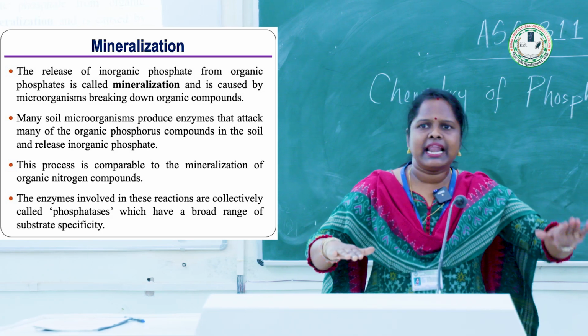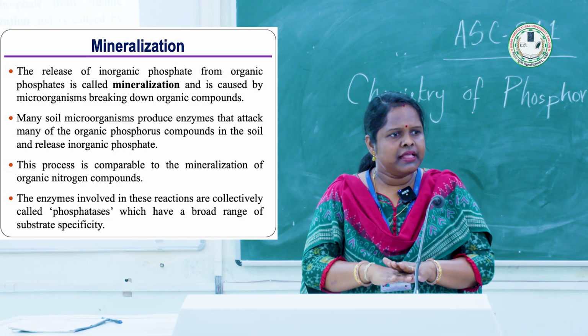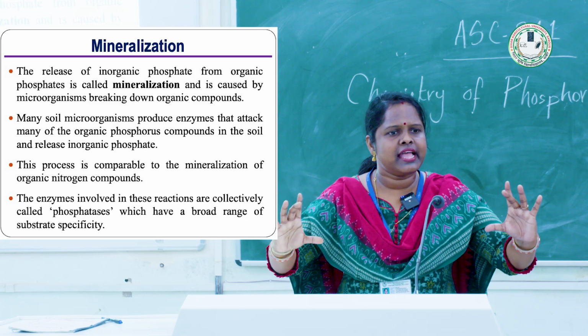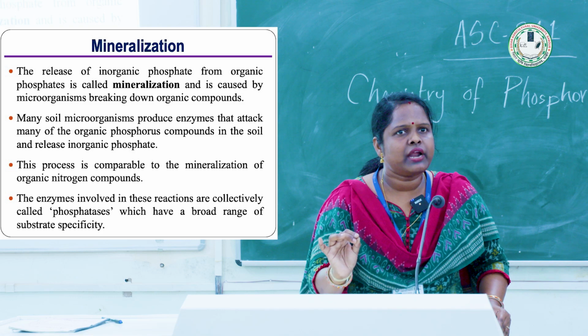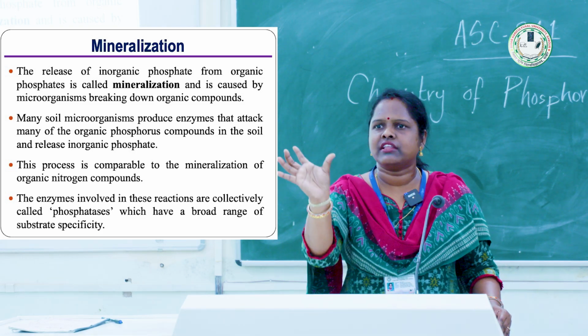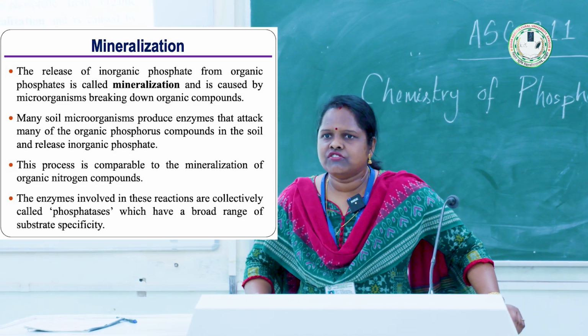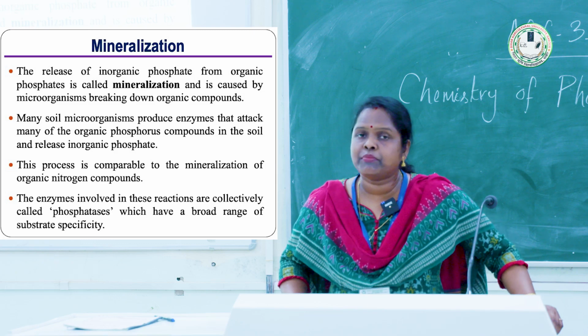And if mineralization and immobilization happen at the same rate, same pace, then it is a balanced state. You also have to memorize that phosphorus availability is maximum in the soil at the neutral pH range of 6.5 to 7.5. You have to memorize that.